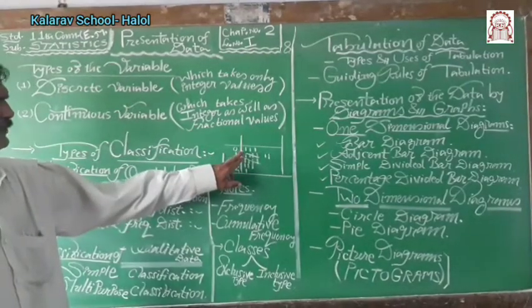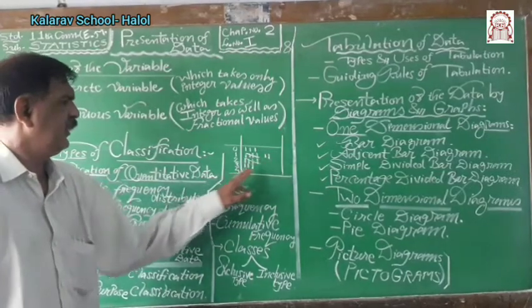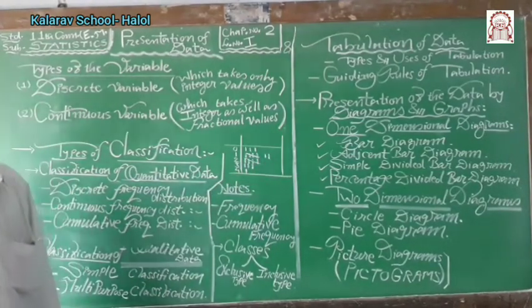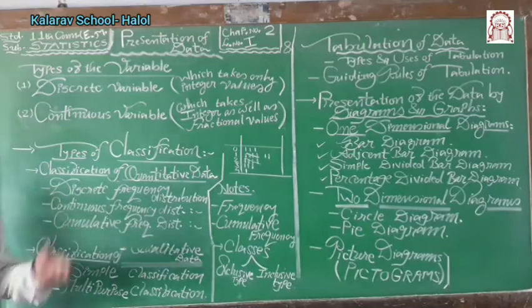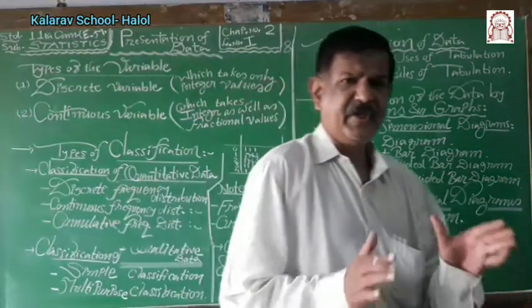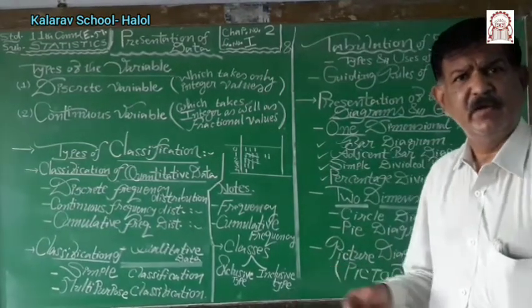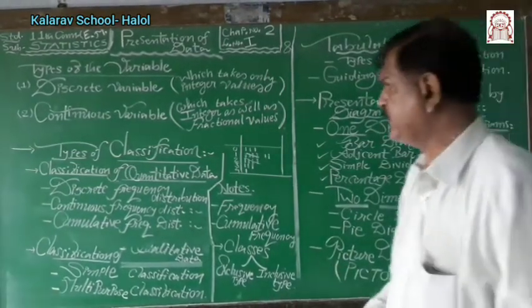Frequency means tally bars 3, 5 plus 2, 7, 5, 3, 1, etc. Means classification. Data must be classified. Classification means simplification of the data, easy to understand and easy to learn.